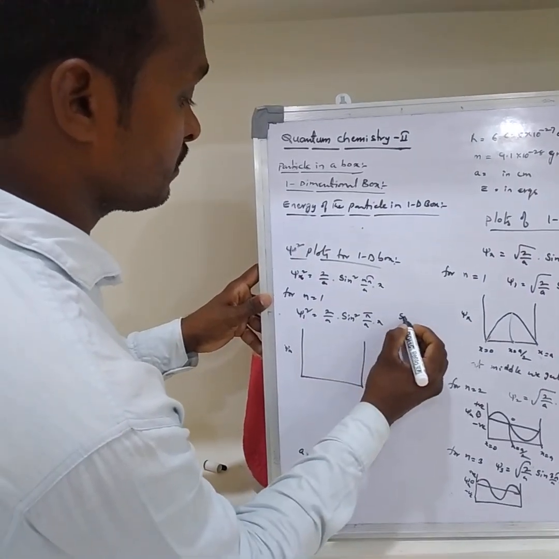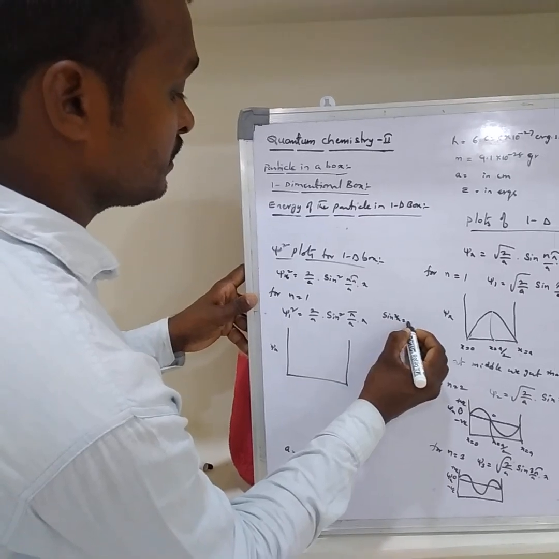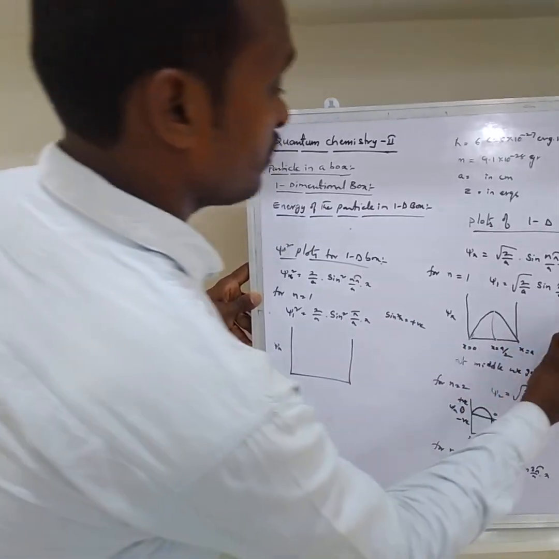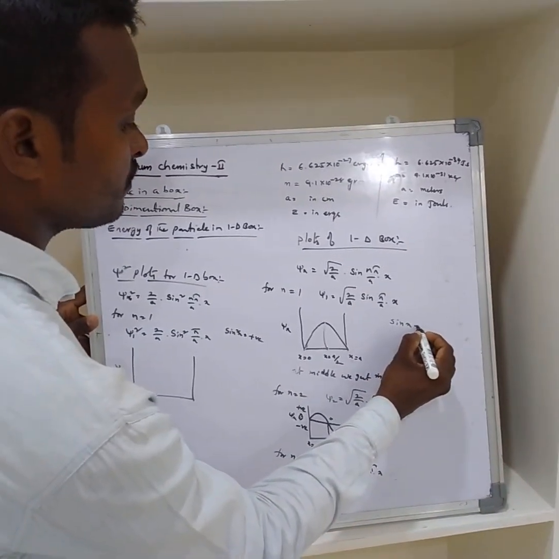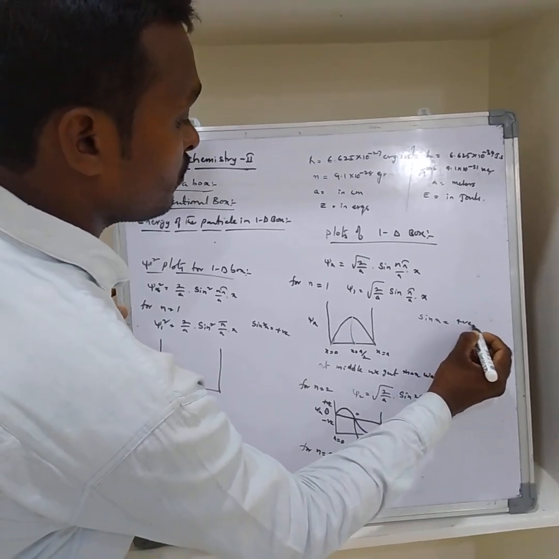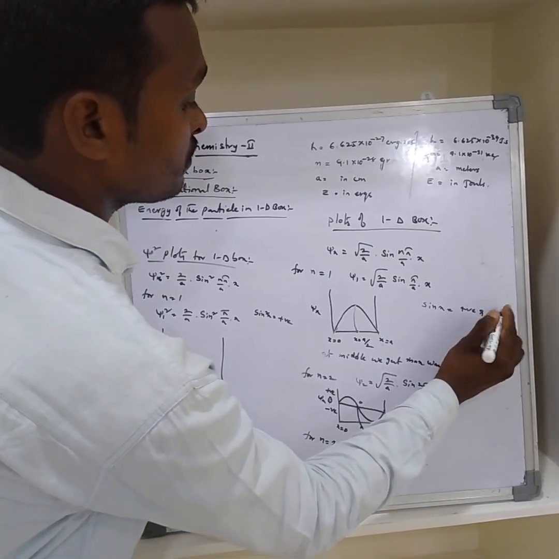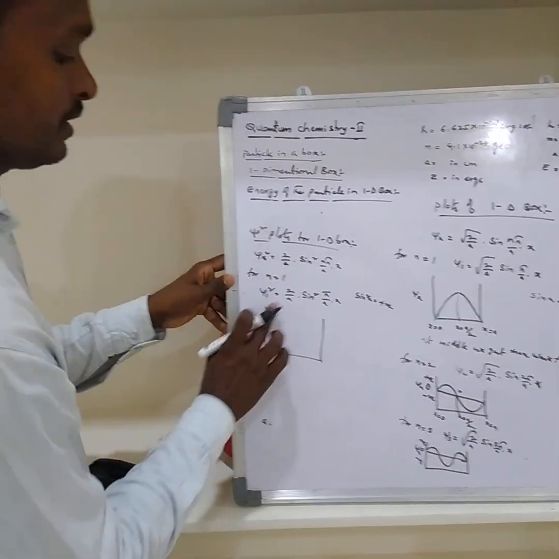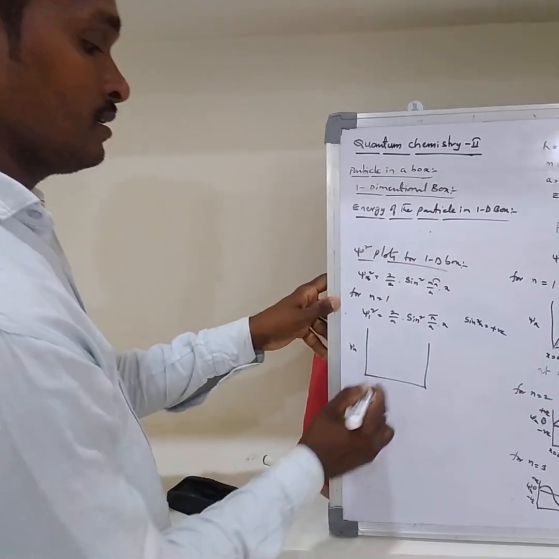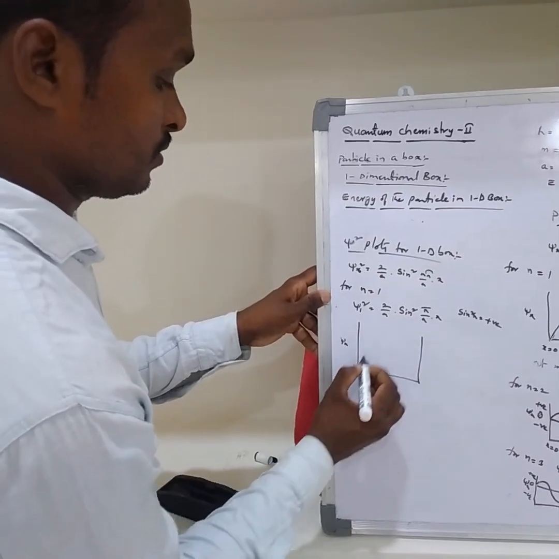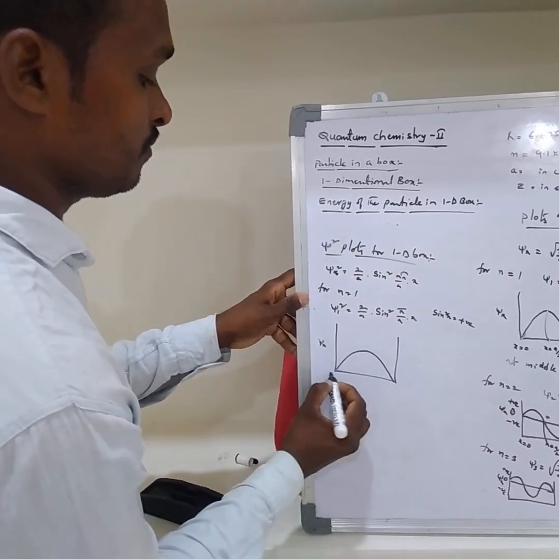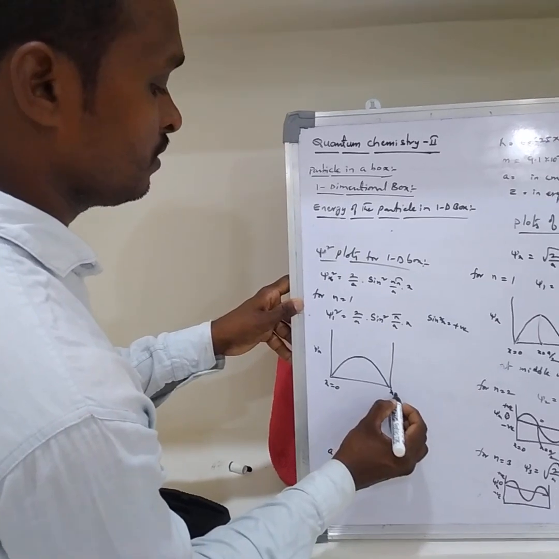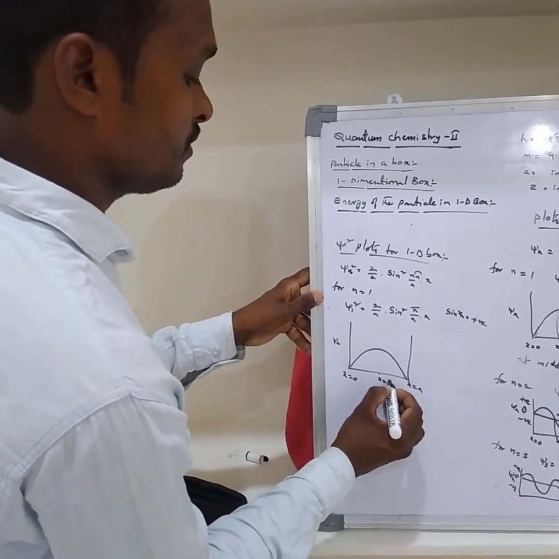sin square x is always positive. Here sin x will have positive and negative values, positive and negative, positive and negative. But sin square x values are always positive. Here again x equal to 0, x equal to a, and x equal to a by 2.